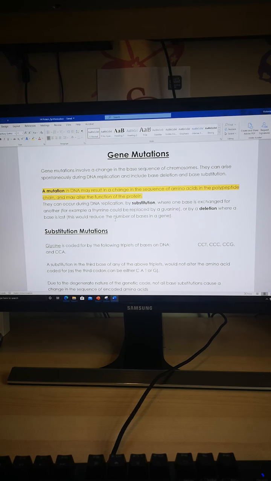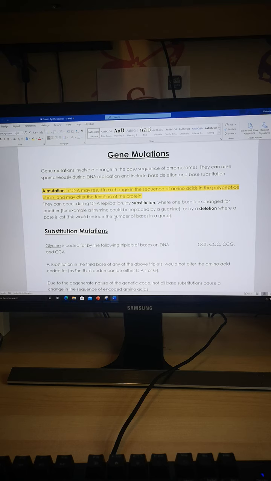Okay, so this year we're going to concentrate on 2 types of mutation: substitution and deletion mutations. Substitution is where one base, or one nucleotide if you like, is exchanged for another during DNA replication. So the wrong nucleotide lines up in that space and is joined into the DNA molecule.